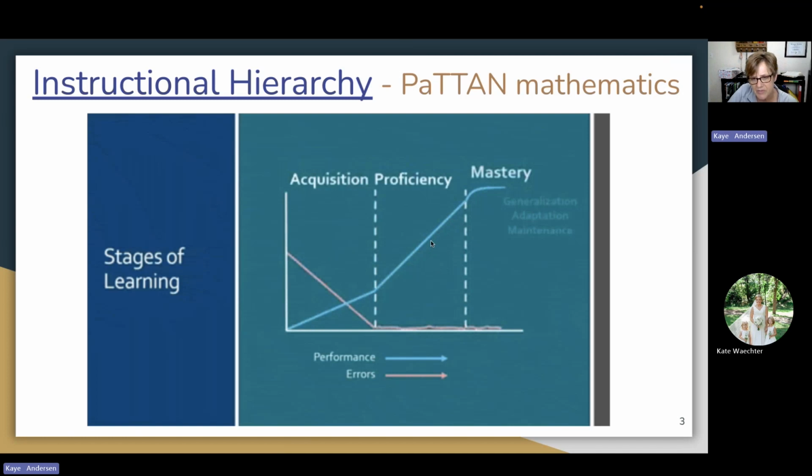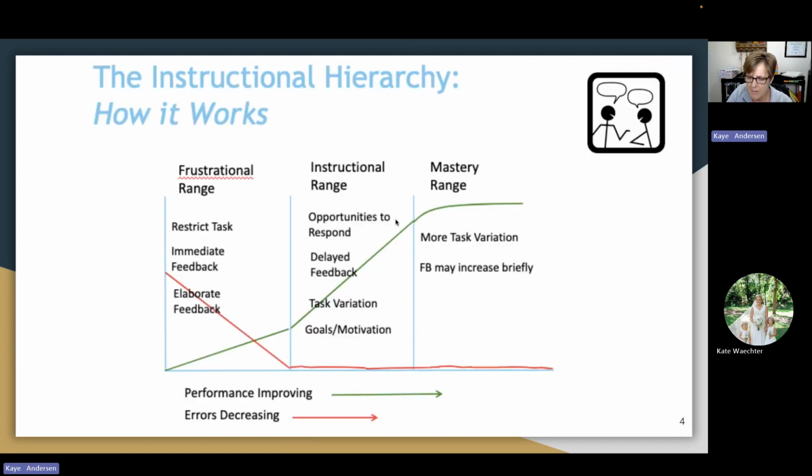Once they've gained proficiency, they're able to apply and gain mastery by doing a number of different adaptation and generalization activities in order to maintain and build their mastery of that skill further. We can think of the acquisition stage as the frustrational range, the next stage of proficiency as the instructional range, and finally, once they reach mastery, we can provide them with a number of different activities and problems in order to apply their skills.